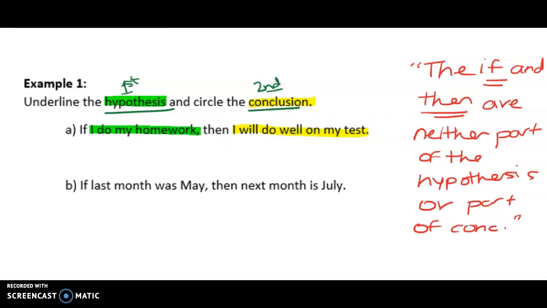So notice here, the if and the then are not part of either one of those, so I'm just going to X through it. Okay, so same thing down here. Last month was May is my hypothesis. Next month is July is my conclusion.